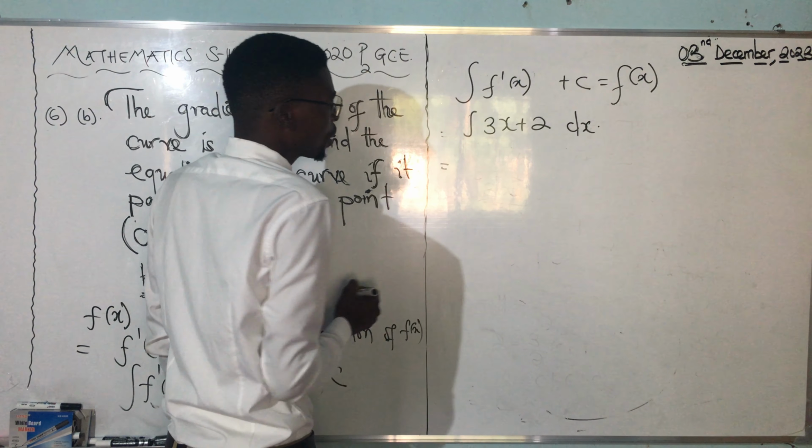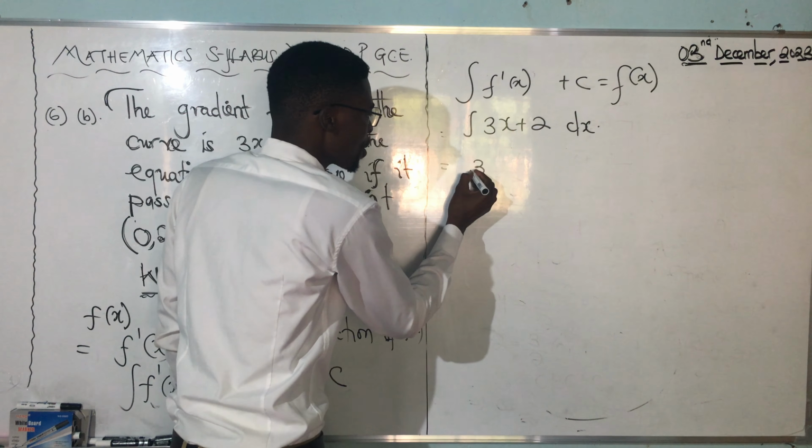When you integrate this, you get 3x. When you just have x here, it means the exponent is 1. So you add 1 to the power of x and divide by the answer you get, that is x to the power 1 plus 1, over 1 plus 1.